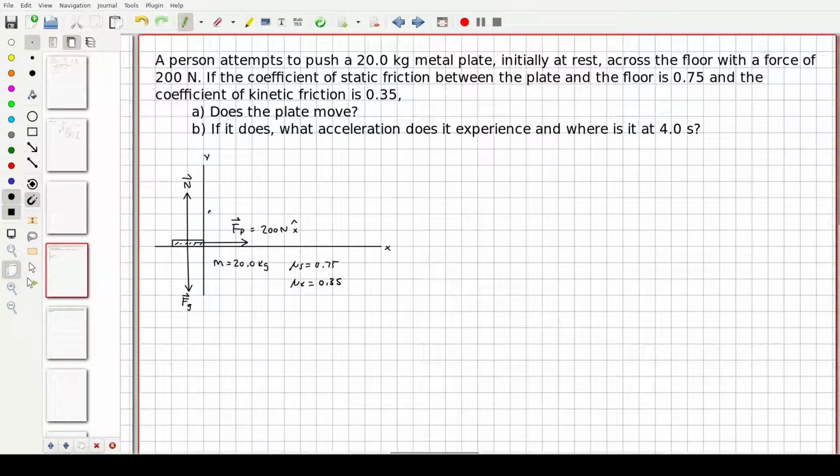We are told that the plate starts at rest. I'm going to assume that our initial position in x is also 0, just because of the way I've drawn it. And I think this is probably just about all the information that we have. Now, we have a couple of questions to ask. First, does the plate move? And if it does, what acceleration does it experience?